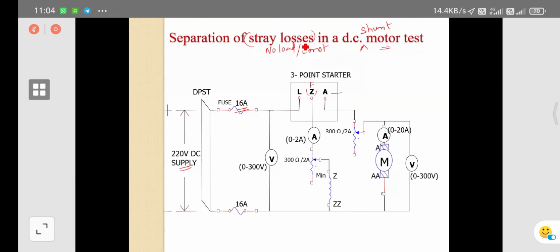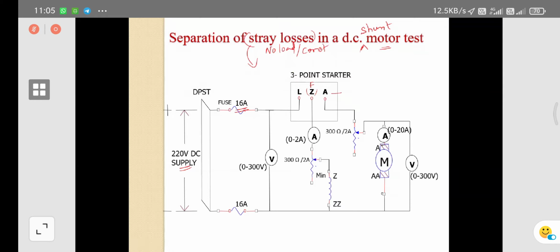For shunt and compound DC machines, where field current is constant, the field copper losses are also constant. So the stray losses along with the constant field copper losses are called constant losses. That part you have to keep in mind.